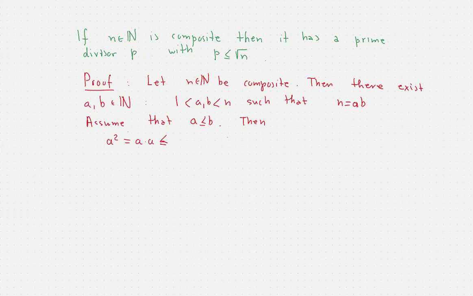So A squared is less than or equal to n, which implies that A is less than or equal to the square root of n. We take the square roots of both sides.